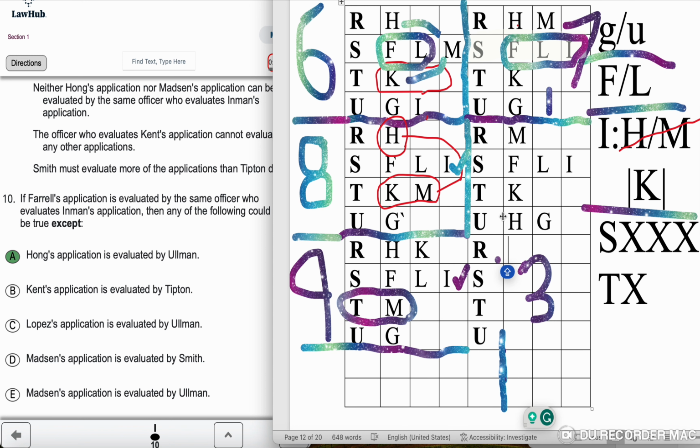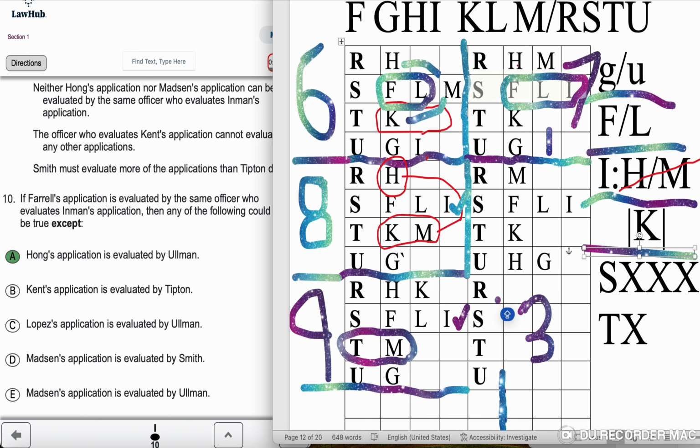G has to be with U. H and M, K has to be by itself. And also the last condition, S has to have more than T. So let's apply this as much as possible right now. So we see it does work out here. So that works out. That's not going to be the except. K is evaluated by T.